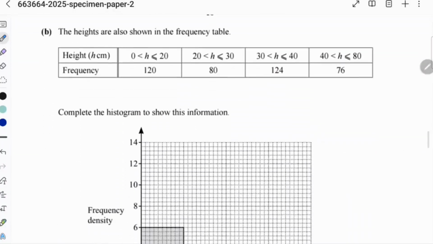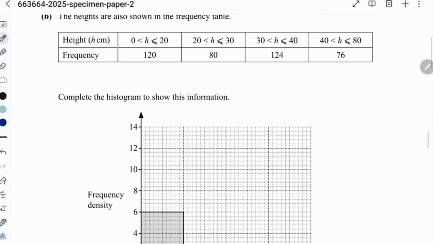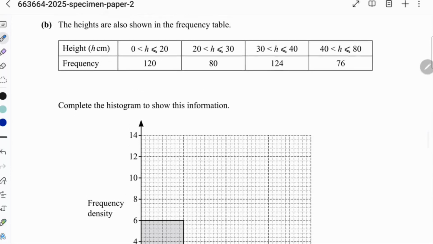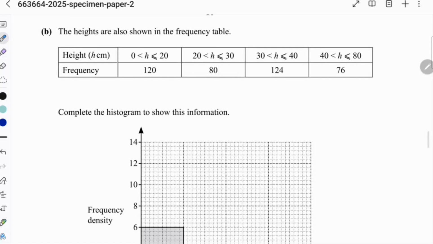Now we are coming to question number 16 part B. In part B, the heights are 0 to 20, 20 to 30, 30 to 40, and 40 to 80. Frequencies are 120, 80, 124, and 76. So complete the histogram to show this information.